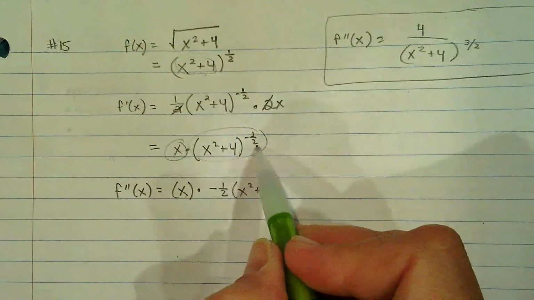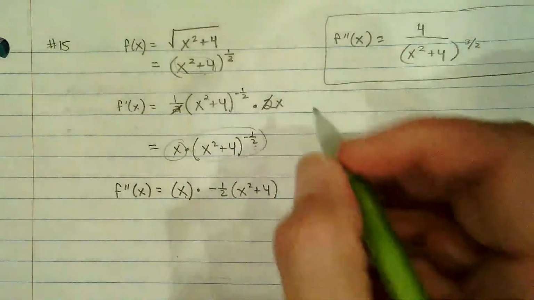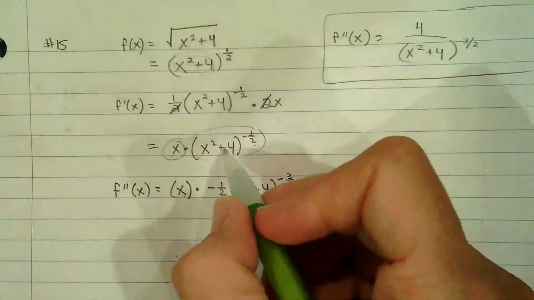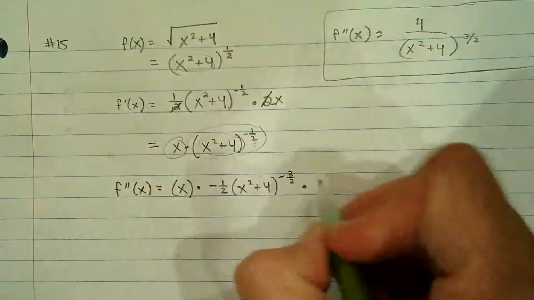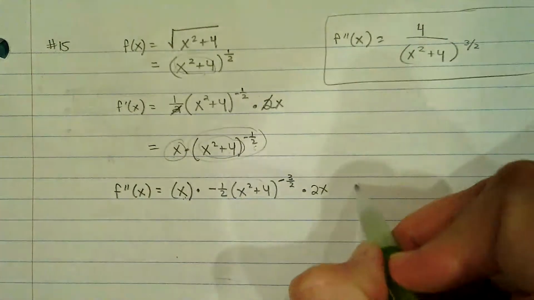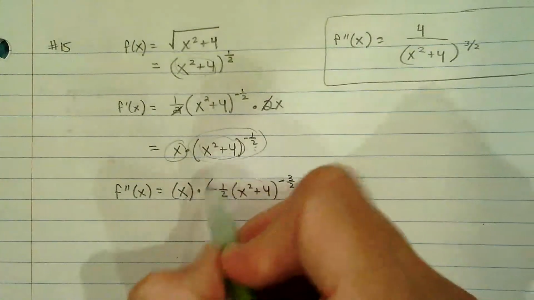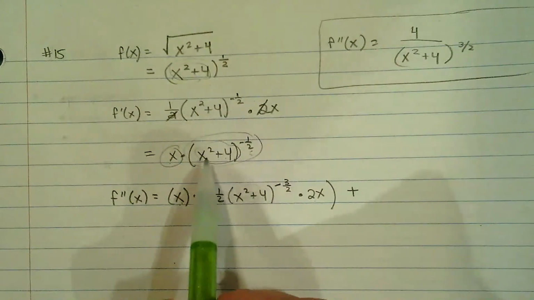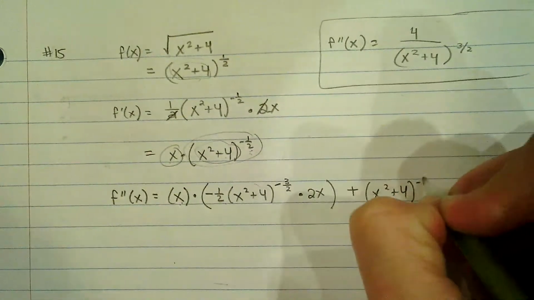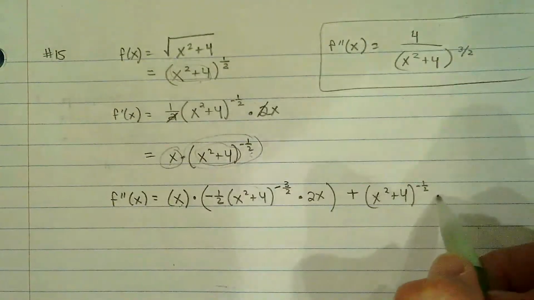And then when negative 1/2 gets dropped by 1, it becomes negative 3/2 times the derivative of what's inside. So times what's inside is 2x. So first times derivative of the second plus second, which is this guy, times the derivative of the first, which is just times 1.